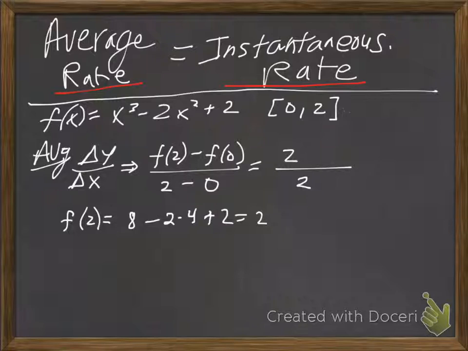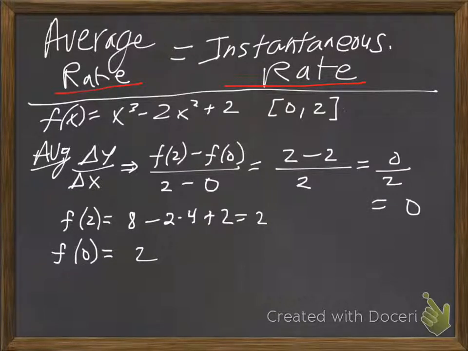So all of that just for f of 2. And f of 0, mercifully, a little bit faster, you plug it in and you get 2. And there's f of 0. Delta y means the difference in y's. 2 minus 2 is 0 over 2. Long story short, the slope is 0.